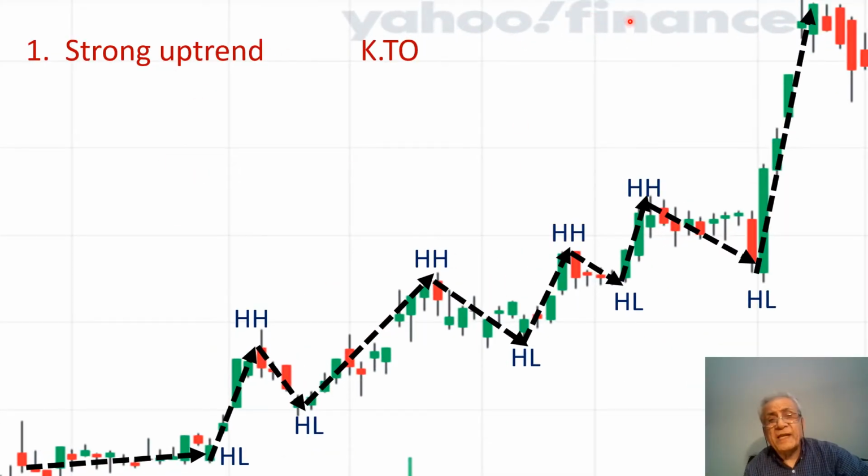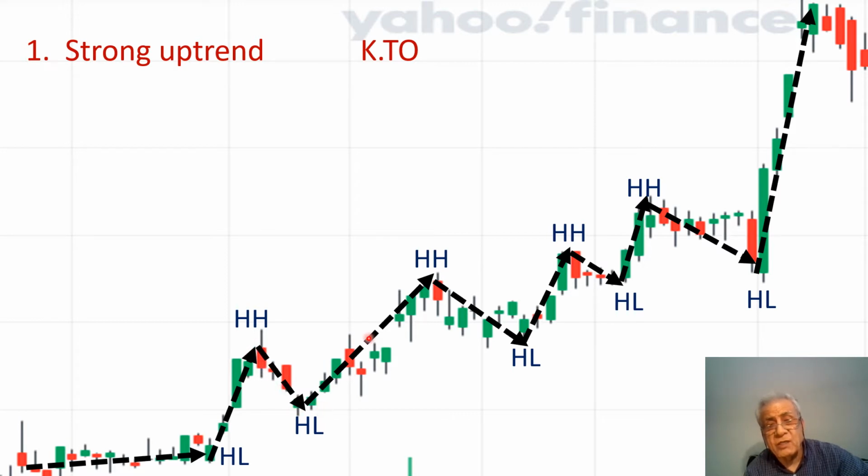This is Yahoo Finance K stock and D1 time frame. Each candle represents 1 day of trading, and this graph shows a strong uptrend and is making higher high, higher low, higher high, higher low, and so on. That is the characteristic of a strong uptrend, and the length of the upswing must be bigger than the length of the downswing.